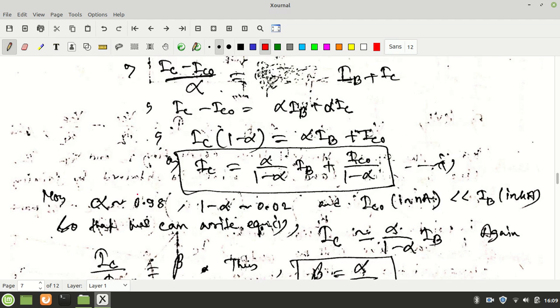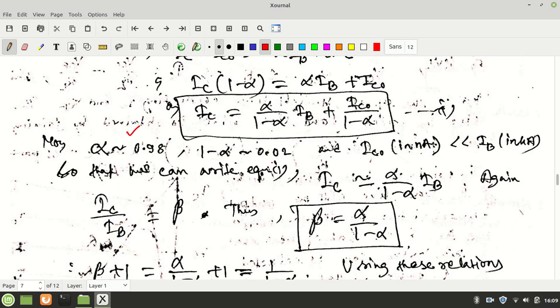Now practically alpha is less than 1, nearly equal to 0.98, in between 0.9 and 0.99. So 1 minus alpha is very small, and ICO is very small with respect to IB also.